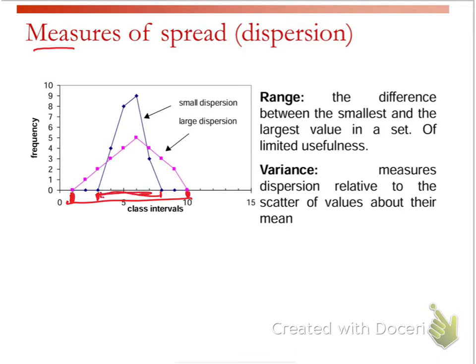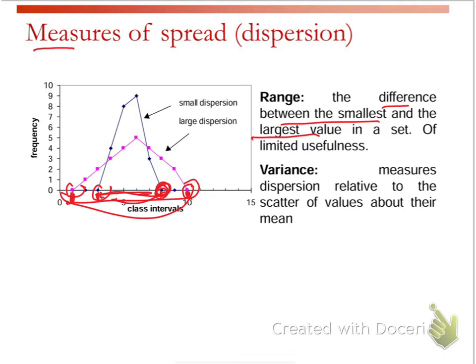So the range is the difference between the maximum value and the minimum value, the smallest and largest value of the set. If the data spread over a wide range, this means that the data is not concentrated, the data doesn't have a common trend to go together. It is varied a lot, spread out.